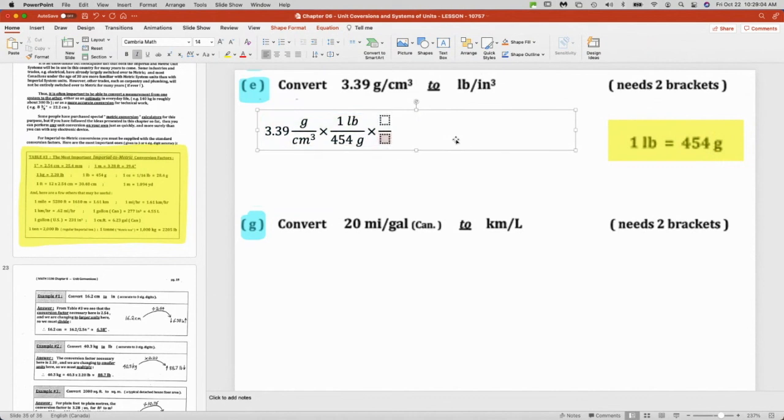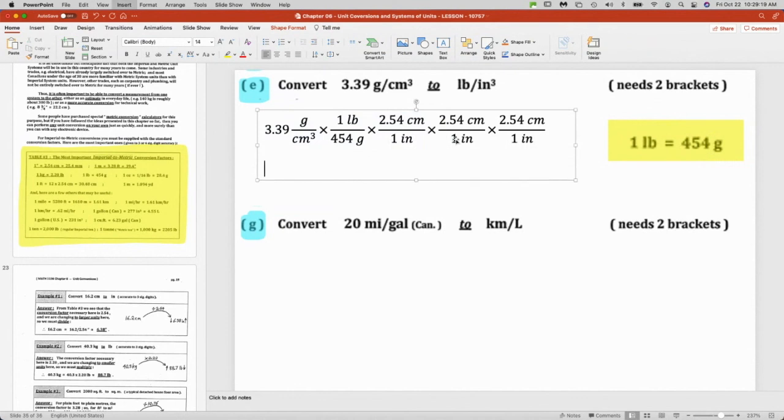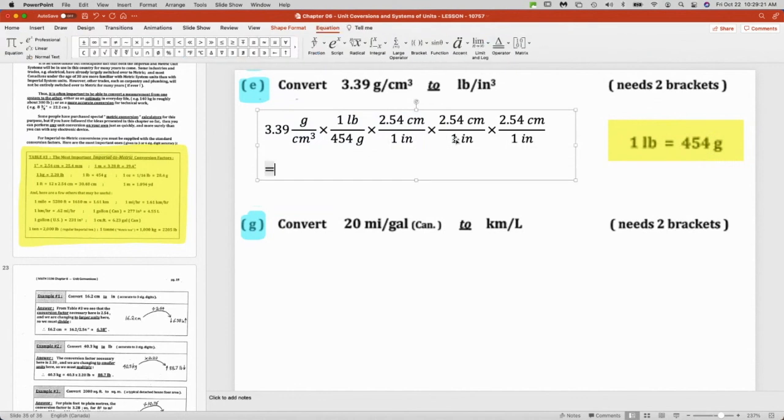So inches to centimeters is something similar. It's 2.54 centimeters for every 1 inch. And I'm going to copy it 3 times instead. I don't like putting brackets and cubing it. My concern is that you get mixed up with the exponent laws.